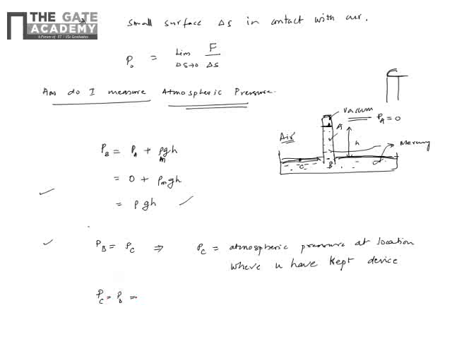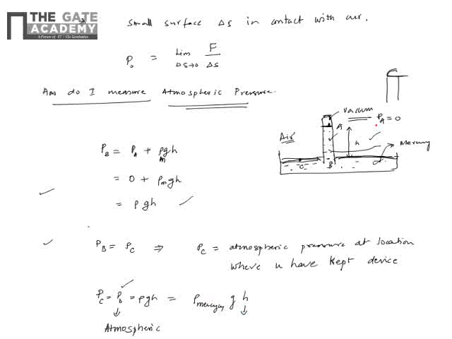So PC is P0, which is atmospheric pressure, which is rho GH. So the way we measure P0 or atmospheric pressure at a point is that, I know the density of mercury, right? Density of mercury, I know it. G I know. H is basically this height. So if I measure how much the mercury has raised, I can measure the atmospheric pressure.